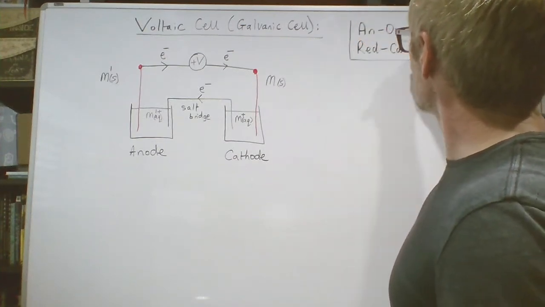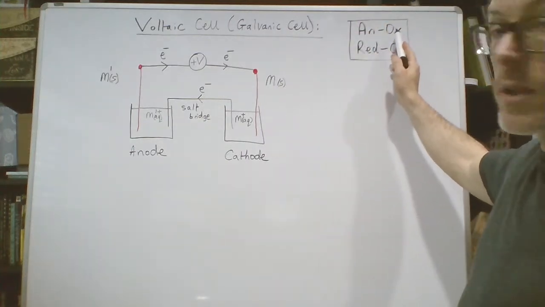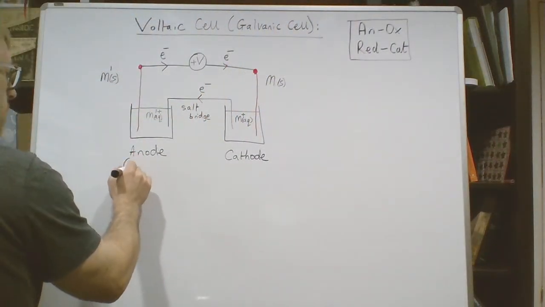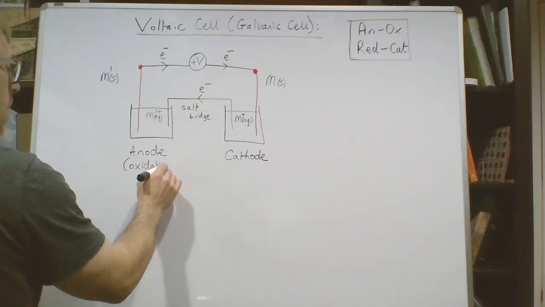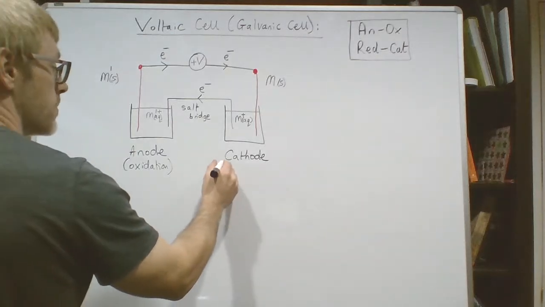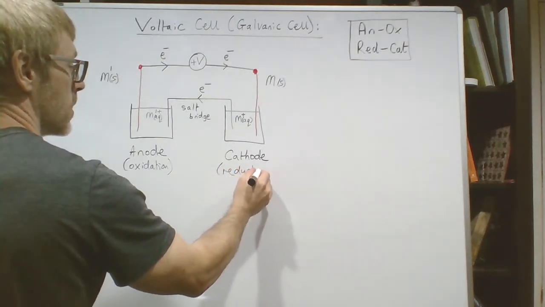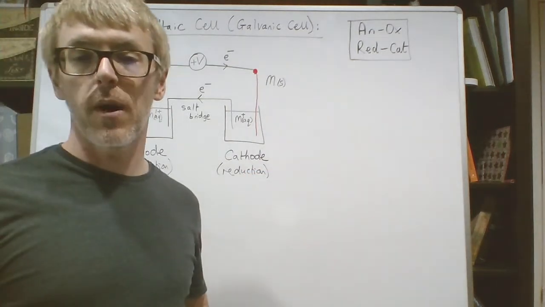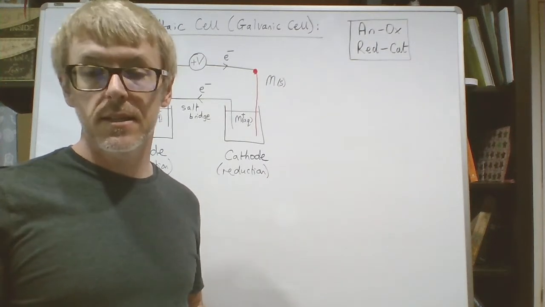So this is something I would remember. We know that at the anode, the process oxidation occurs. So at the anode, we have oxidation. And at the cathode, we have the process of reduction. So an ox and a red cat. So if you show up to a party dressed as an ox or a red cat, any scientist in the room will get the joke.